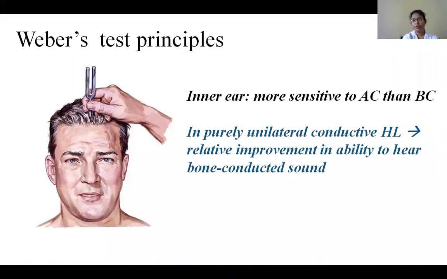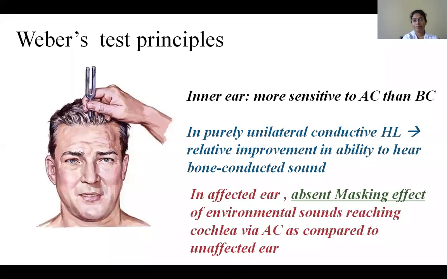And during this period of masking, some auditory nerve fibers are in the phase of refractoriness, that is absolute refractory period. Means the second sound cannot elicit a response. So as a result, whenever masking is present, you may not be able to hear it properly. In case of conductive hearing loss, this masking effect of the environmental sounds is absent.